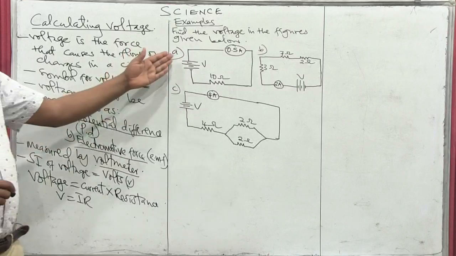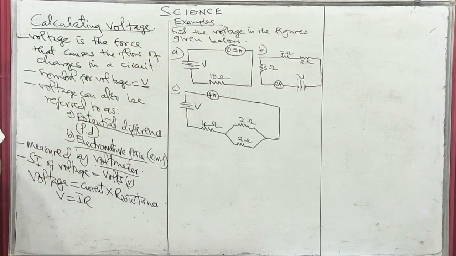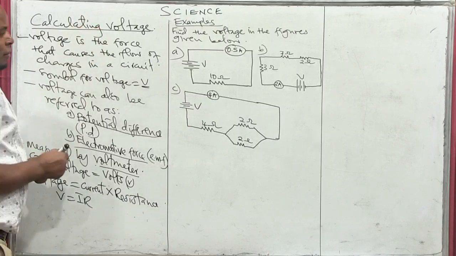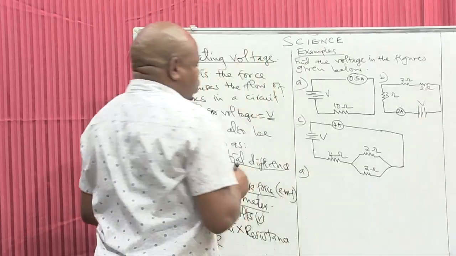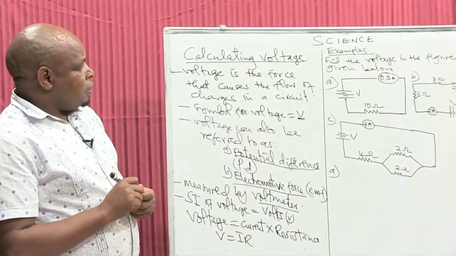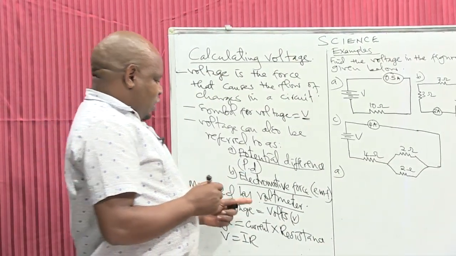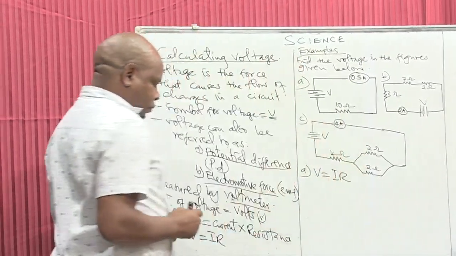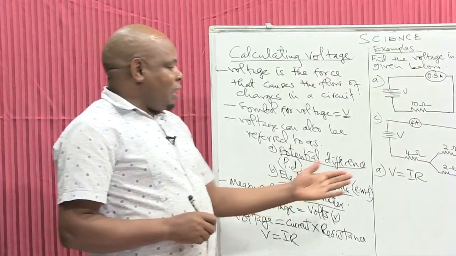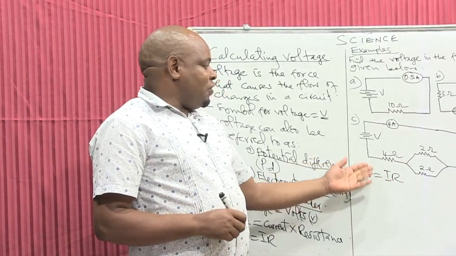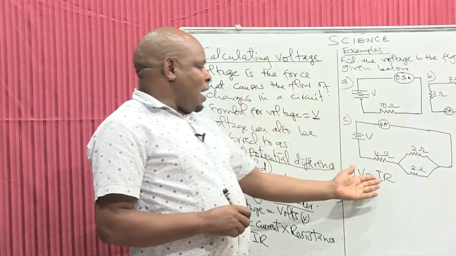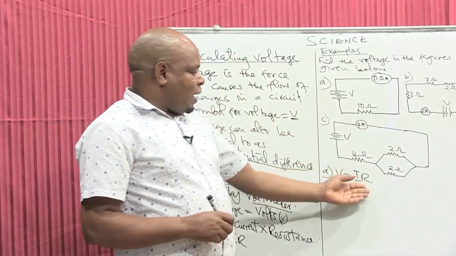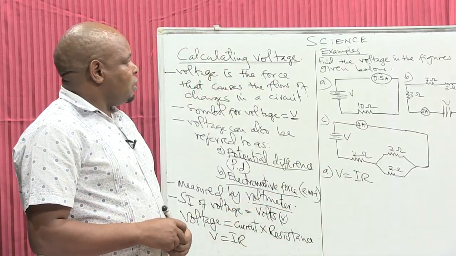Let us begin with figure A, finding the value of voltage in figure A. Solution for A: V is equal to IR. V is the voltage which we are looking for, I is the current, R is the resistance.